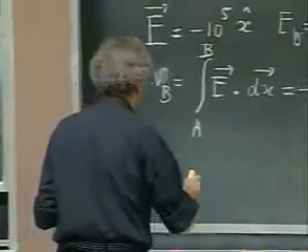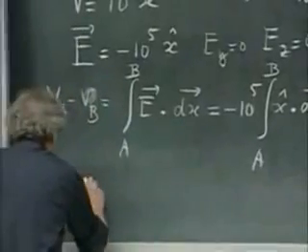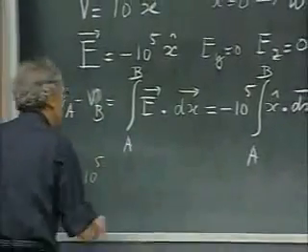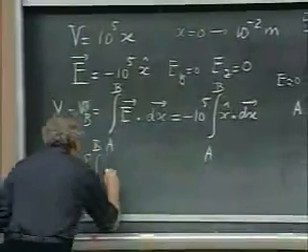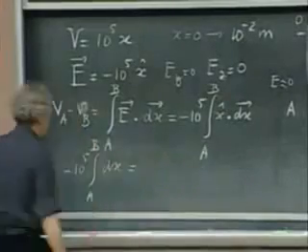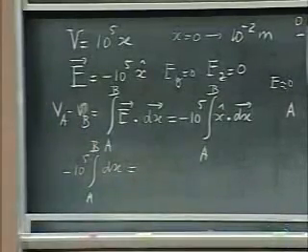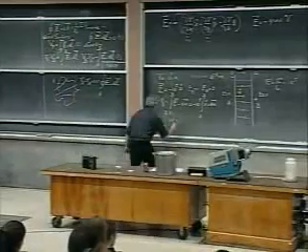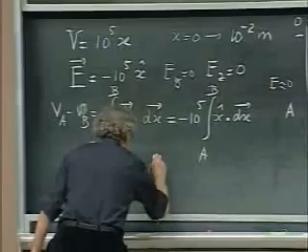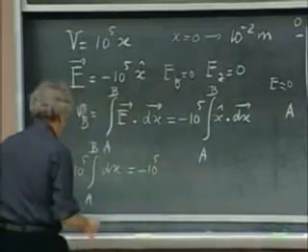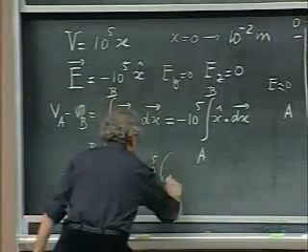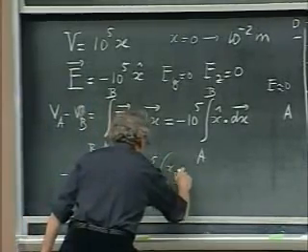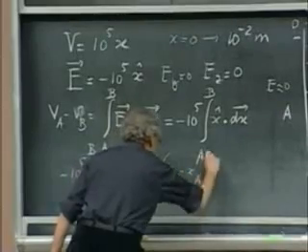And so this becomes minus 10 to the 5th times the integral going from A to B of dx. And that is trivial. That is minus 10 to the 5th times the location. I have to do the integral between A and B. So I get here x of B minus x of A.